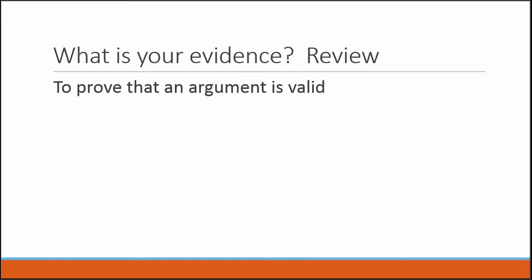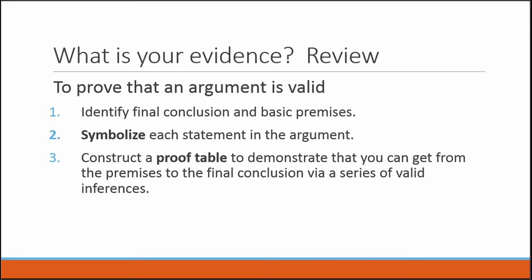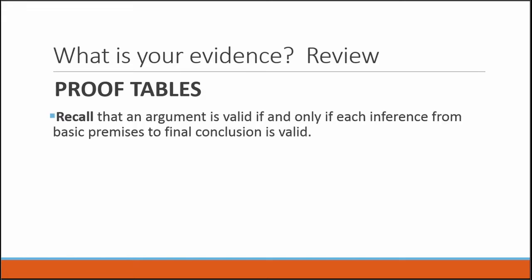To prove that an argument is valid, identify the final conclusion and basic premises, symbolize each statement in the argument, construct a proof table to demonstrate that you can get from the basic premises to the final conclusion using a series of valid inferences. Proof tables.